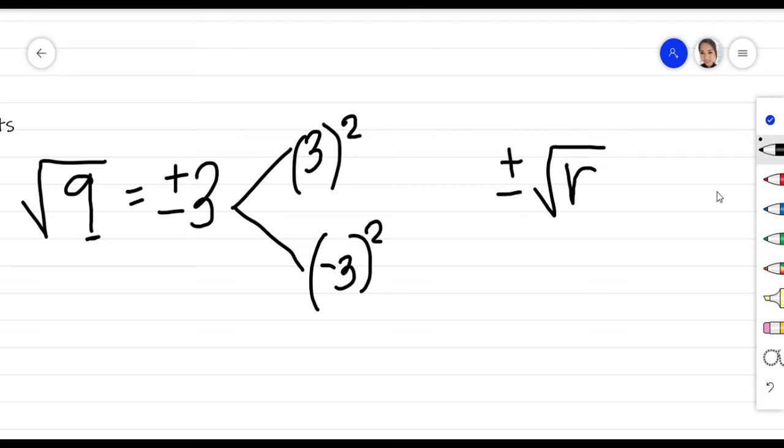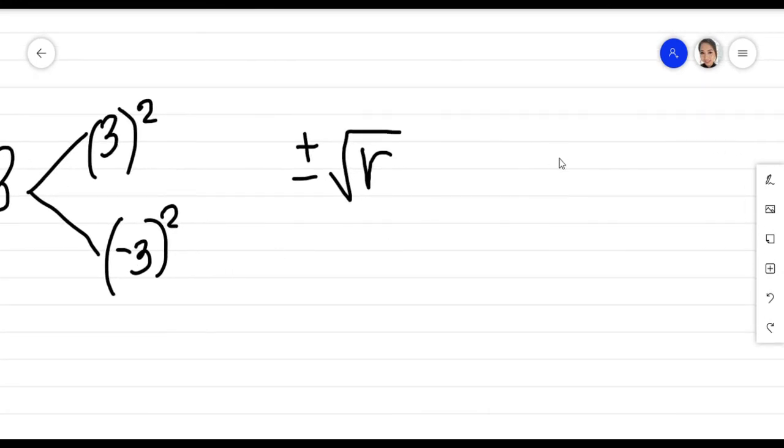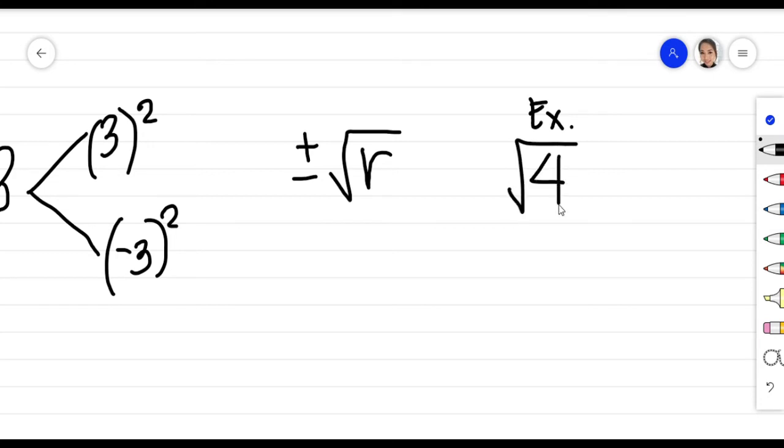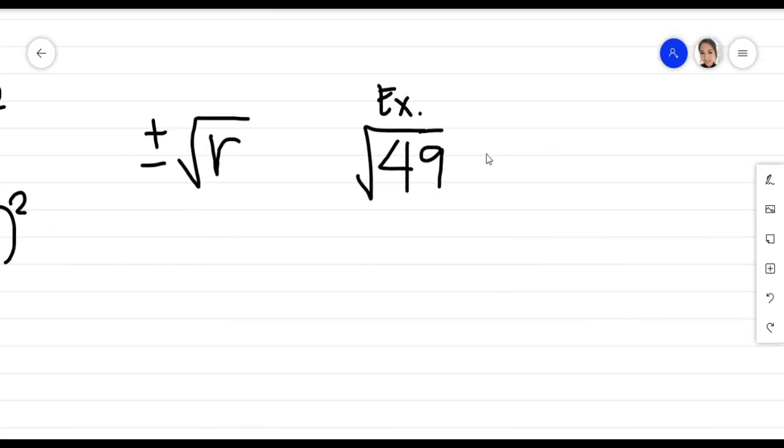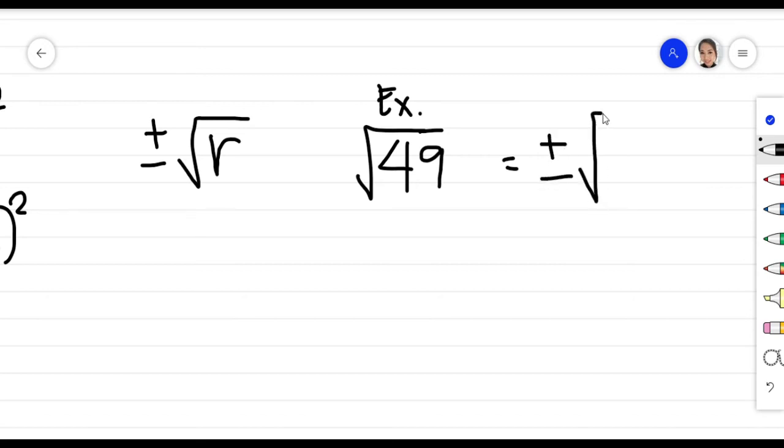For example, what is the square root of 49? Okay, what is the square root of 49? So we know that the square root of 49 comes into two values, the positive square root and the negative square root.